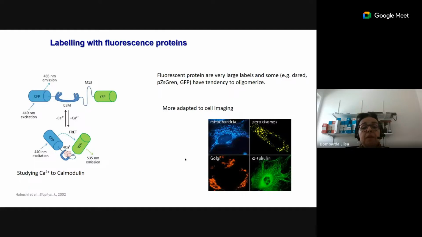But they are well adapted to cell imaging. So again, it is a balance between advantages and drawbacks, and you choose what is best for you.